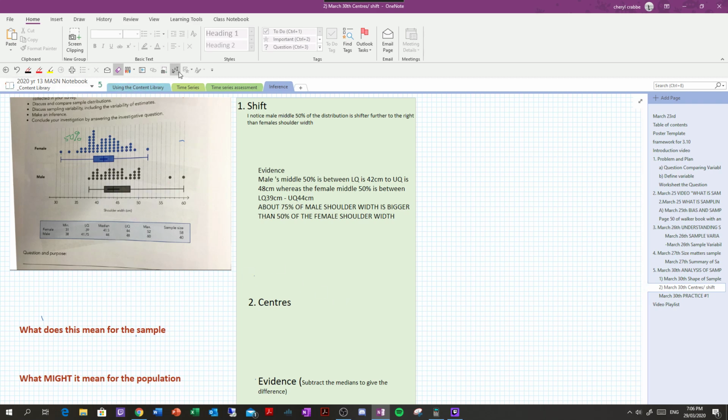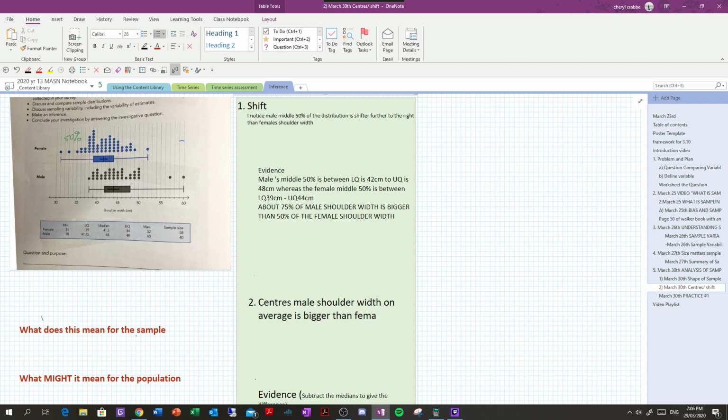So in this particular instance, the obvious thing is that the male shoulder width on average is bigger than female shoulder width in our sample. Okay, this is a sample that we've taken.